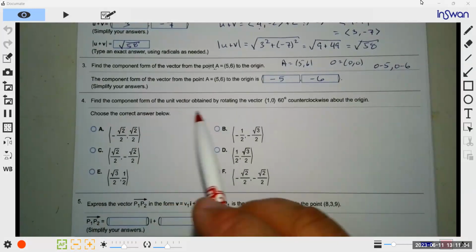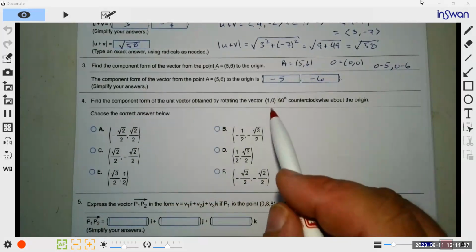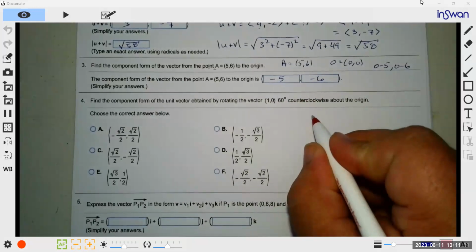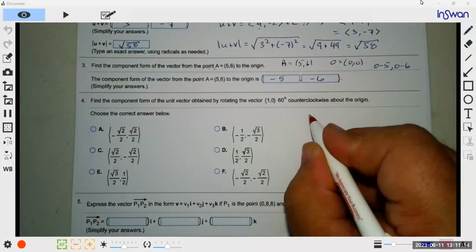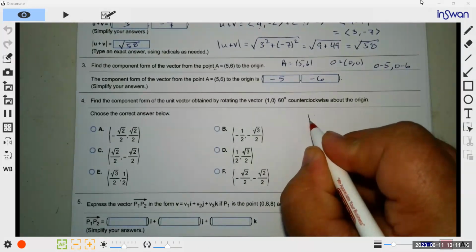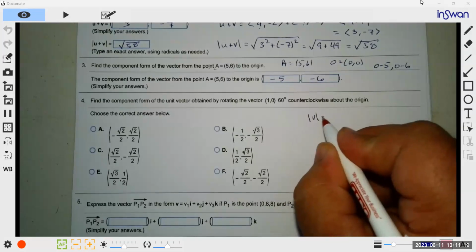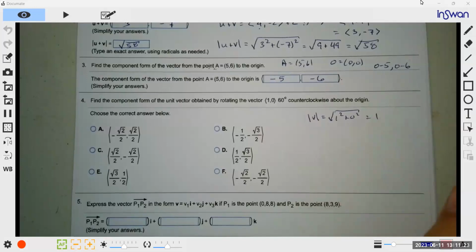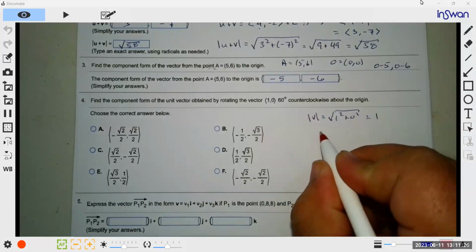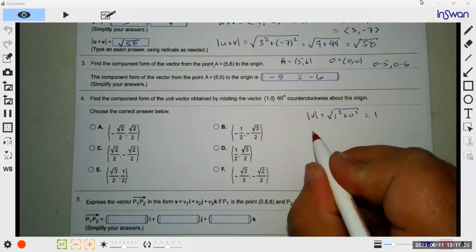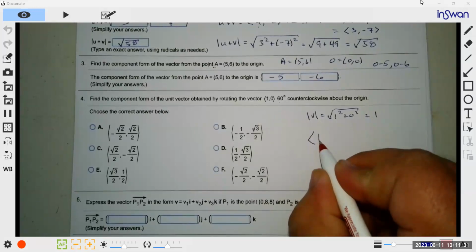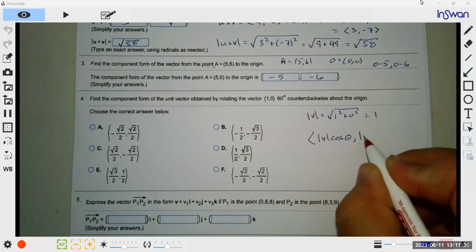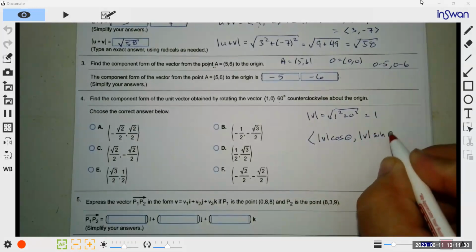Find the component form of the unit vector obtained by rotating the vector 1, 0 by 60 degrees counterclockwise. So the magnitude of this vector, 1 squared plus 0 squared, is 1. Since it rotated counterclockwise, we have cosine theta, sine theta.